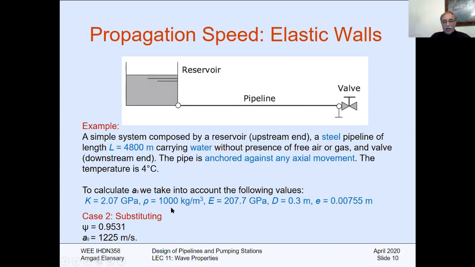Rho is 1,000 kilogram per meter cubed. Young modulus for the steel is 207.7 gigapascal, the diameter is 0.3 meter, and e is 0.00755. If we put all these parameters in and use case 2 from the previous slide, we find that psi is 0.9531 and the wave speed is 1225 meters per second.